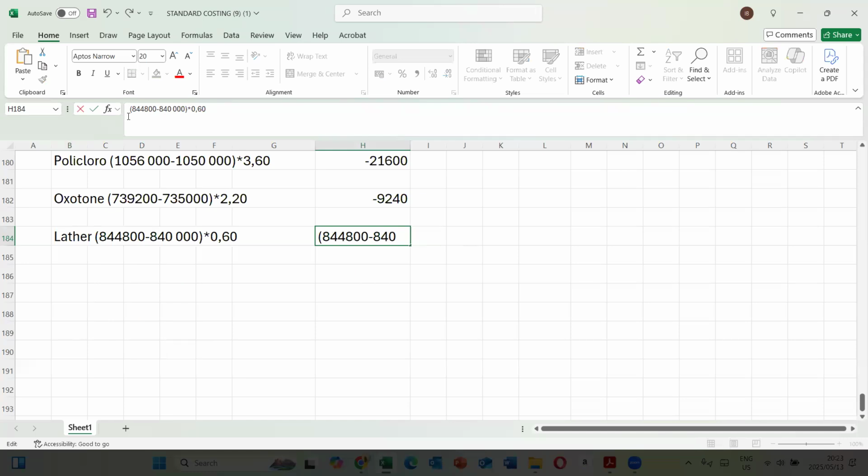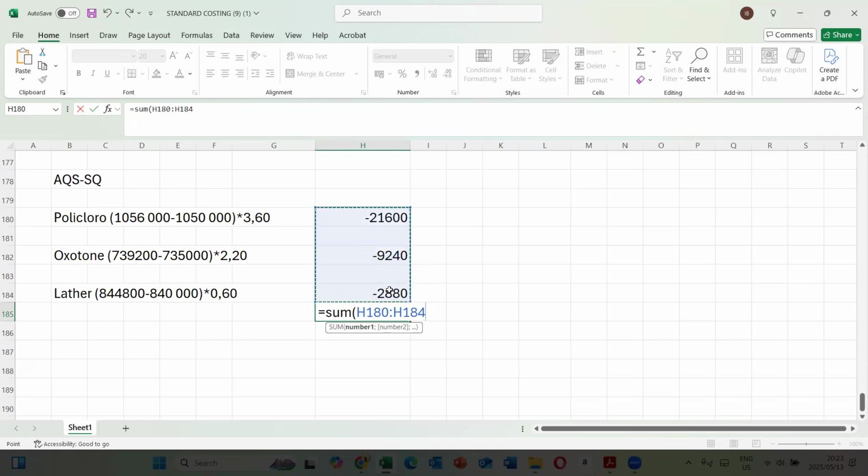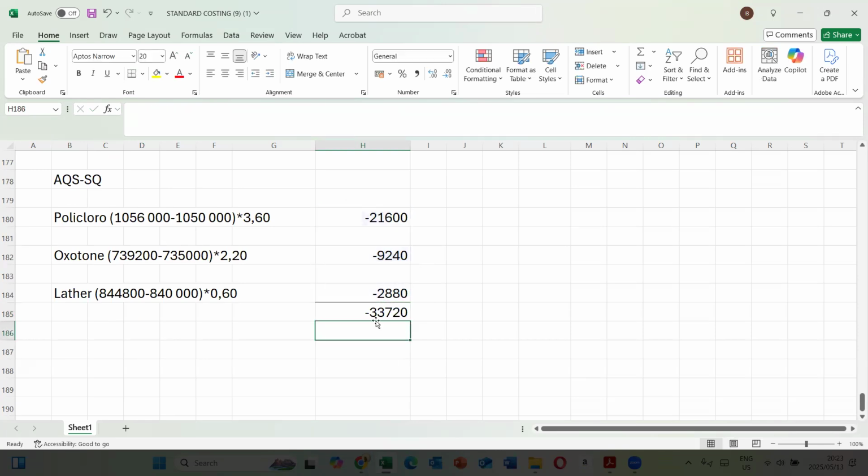All right, so we then have our answers sitting there. Then we net this off. That gives us 33,720. So this is the total yield variance.